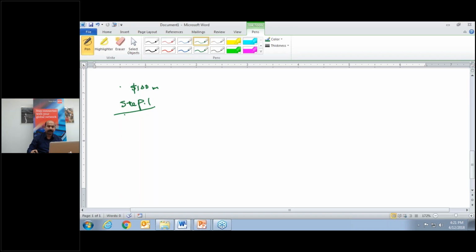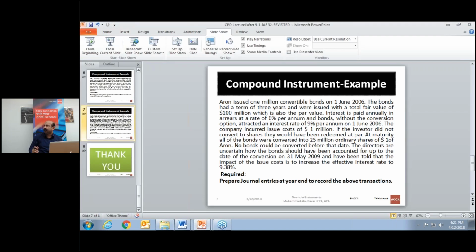These are basically the interest on the face value. And if we just look at our example, here you can see that this is the nominal interest rate, which is 6%.